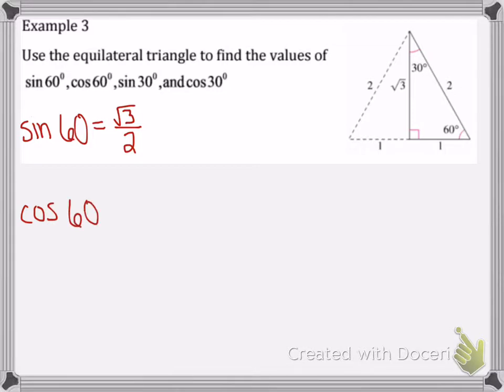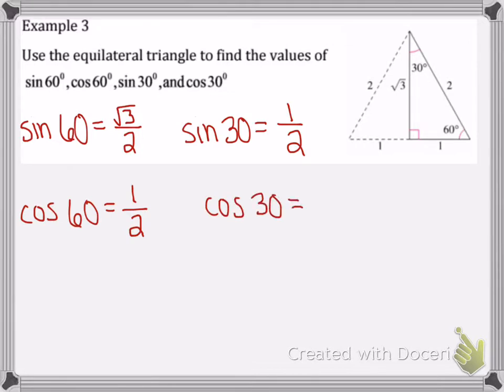Cosine of 60 is equal to adjacent over hypotenuse. Sine of 30 is equal to opposite, so that's 1 over 2, and cosine of 30 is adjacent, which is square root of 3 over 2.